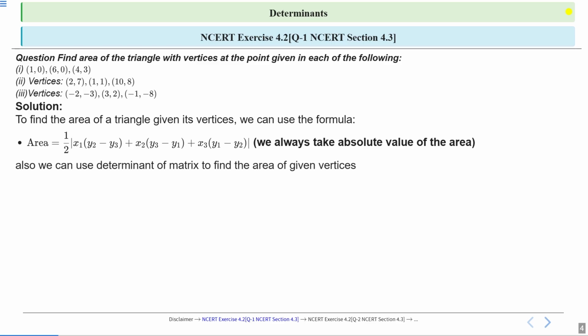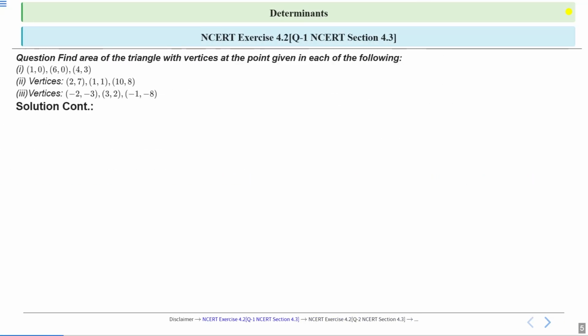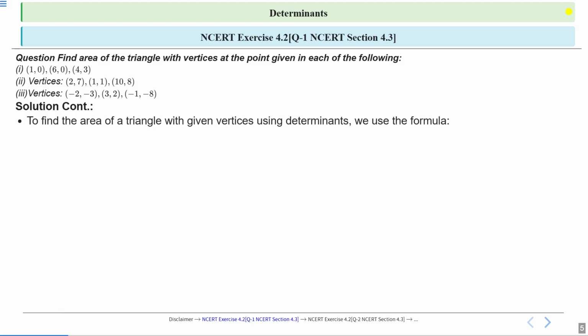Okay, so we can also use the determinant of a matrix to find the area for given vertices. To find the area of a triangle using a determinant, we use the formula: area is 1 by 2 times the determinant of the matrix x1 y1 1, x2 y2 1, x3 y3 1. Here the first row represents the first vertex, then the second, and then the third.